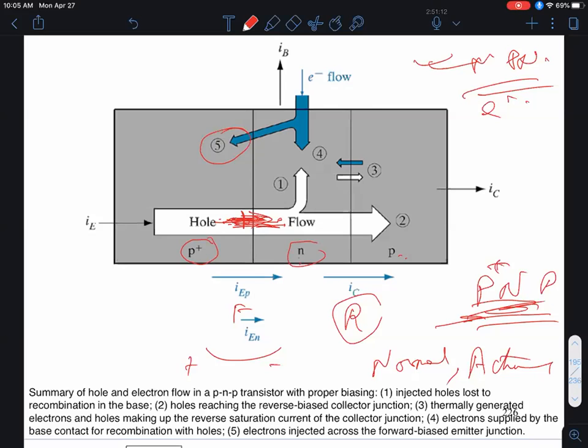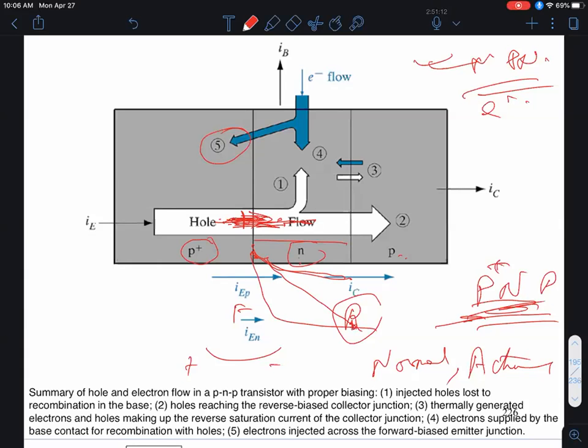So that's what I said in the previous class. Once I inject the holes, they die down exponentially with distance, and it would die down if this width of the base was long compared to the diffusion length. You don't want that. You want the base width to be much, much narrower than the diffusion length, so that essentially the carrier concentration will go down linearly with distance to 0.